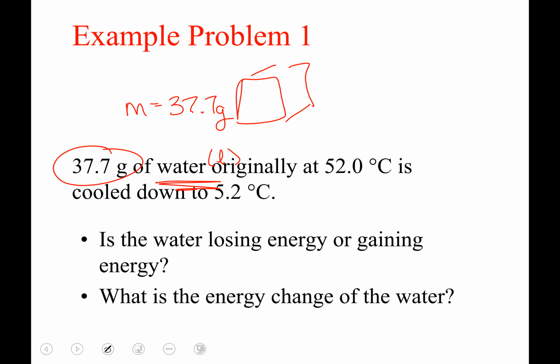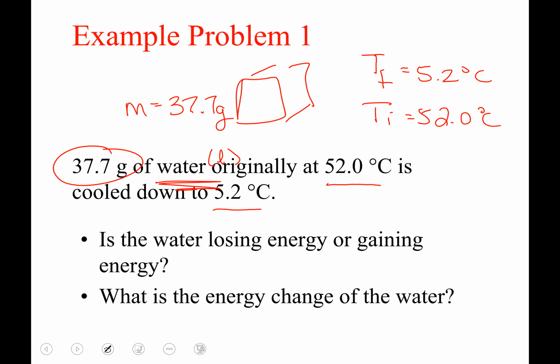So I got a couple temperatures here. Water originally at 52.0 cooled down to 5.2. So what is our T sub F? Yep, 5.2 degrees Celsius. What's our T sub I? Yep, 52.0 degrees Celsius.